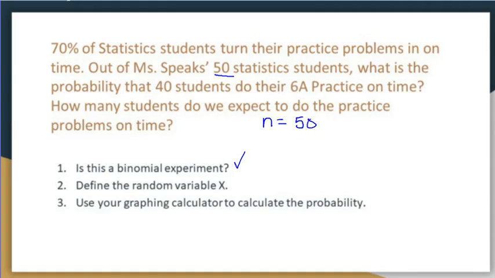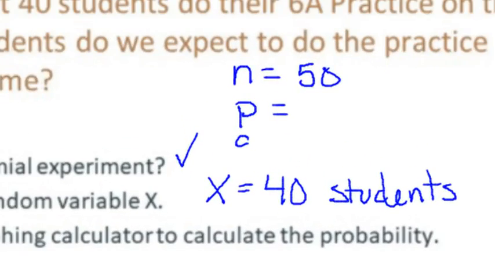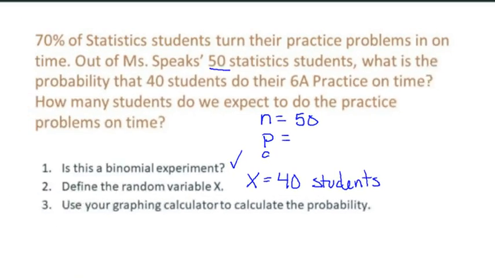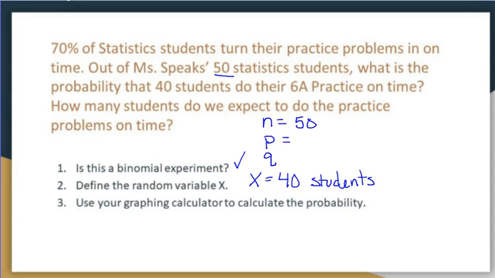All right, define the random variable X. So for this, we're going to say that X is 40 students. So we're looking for the probability that exactly 40 students, all right, do their practice problems on time. Okay, and then let's go ahead and find P and Q. So P, remember, is the probability of success.